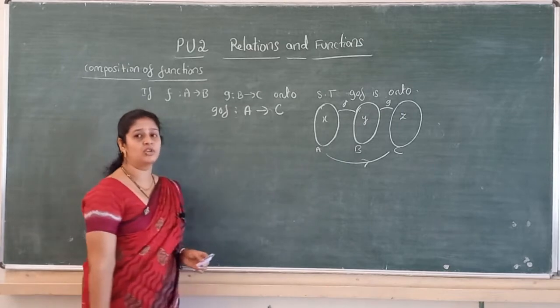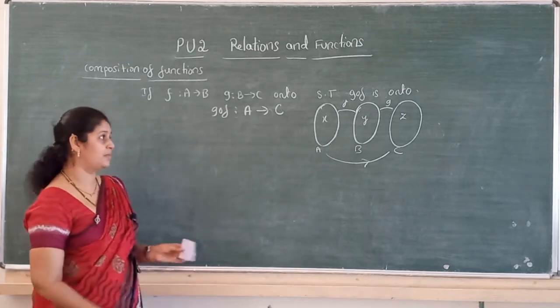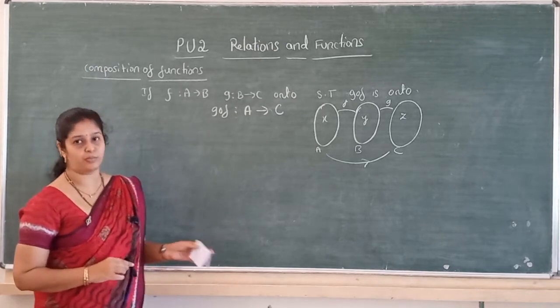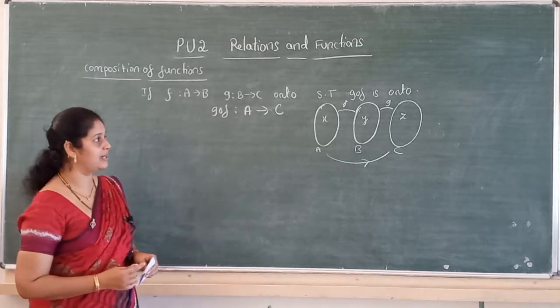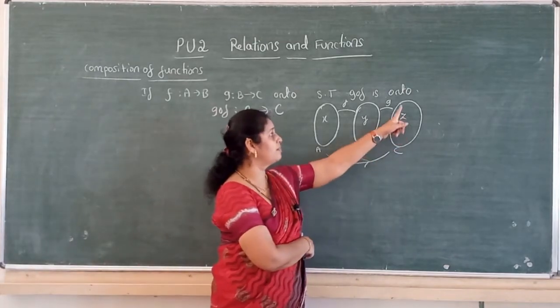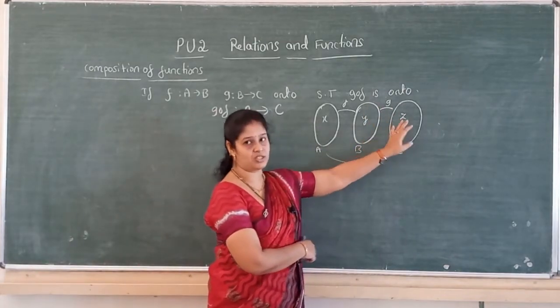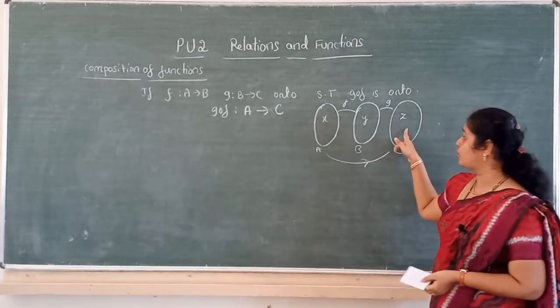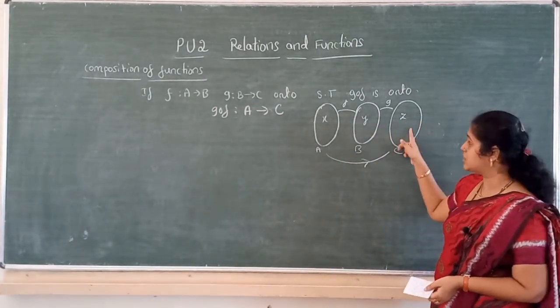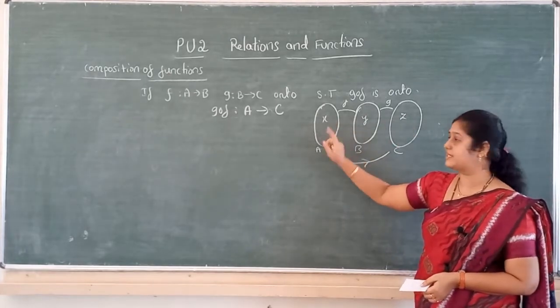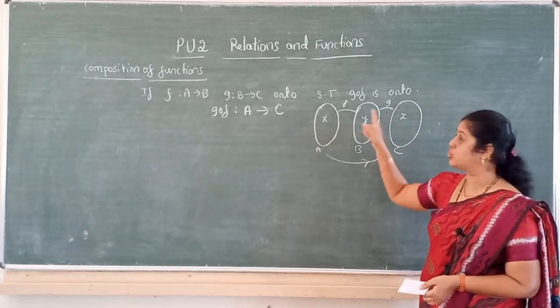Okay, what is the meaning of onto? That means, how to show that a function is onto. A function is onto means importance is given to the codomain set. Imagine that the elements of the codomain set are in the form z. Every element of the codomain set must be the image of some element in the domain set. What is the domain for g of f?